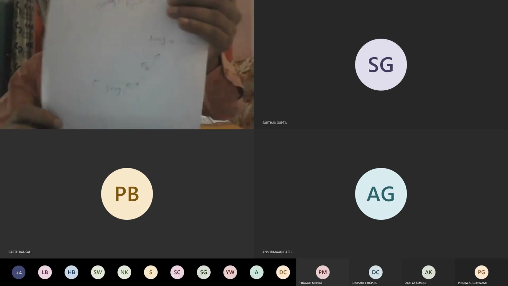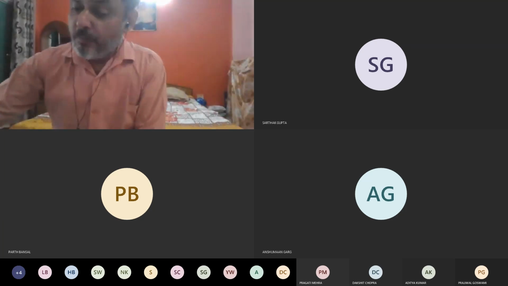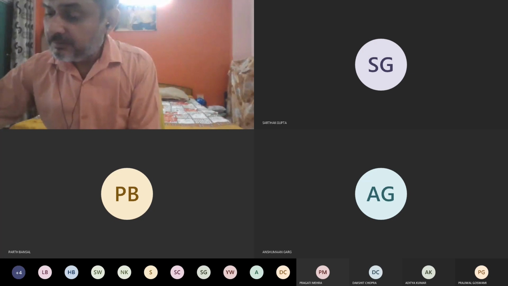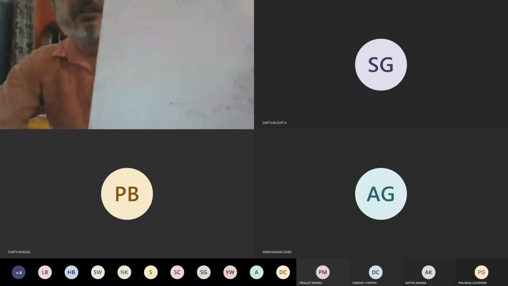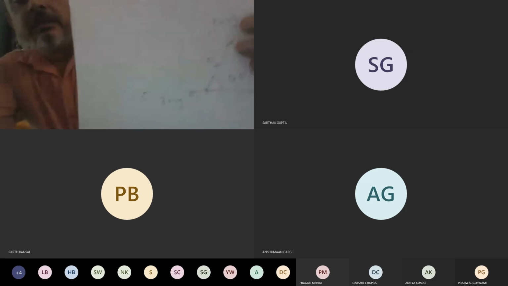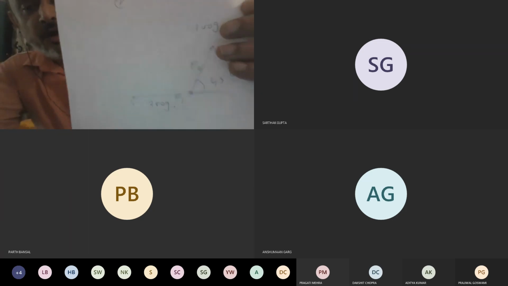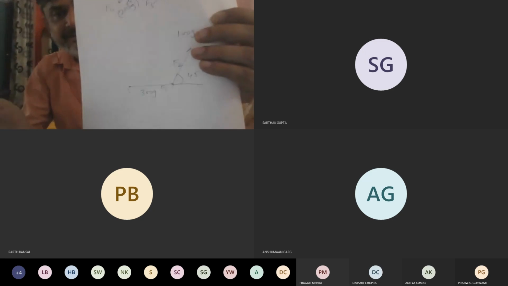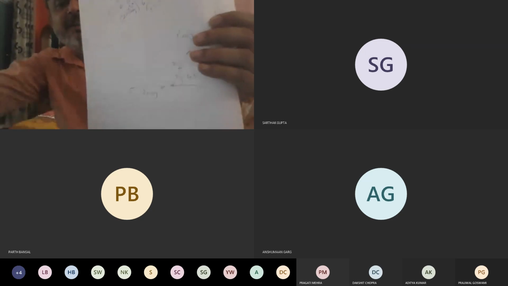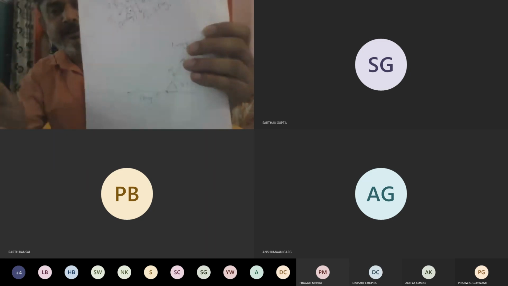So this is F1 and F2. Are you getting it? Yes, sir. The tail of F2 lies on the head of F1, and it should have the angle which is given to you, 45 degrees. So measure it and put the line at 45 degrees.